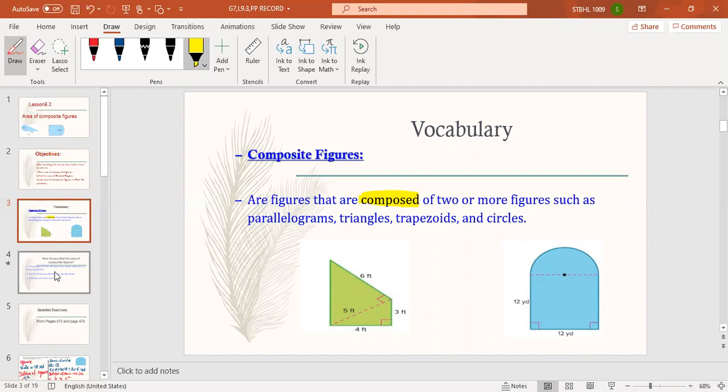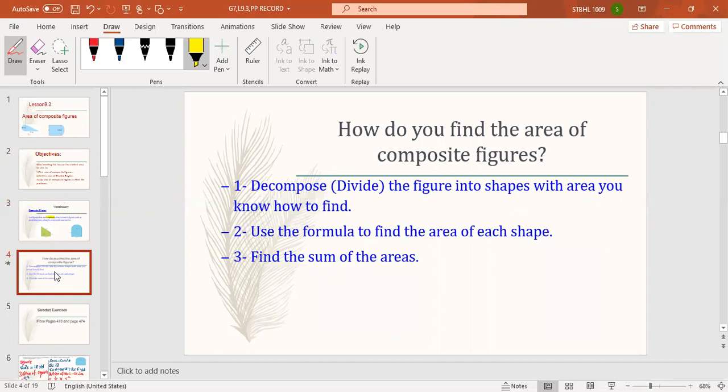How to find area of composite figures? It's better if you follow these steps. Number 1, decompose the figure into two shapes or three shapes whose areas or area formulas you already know.